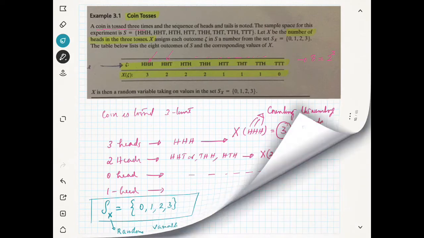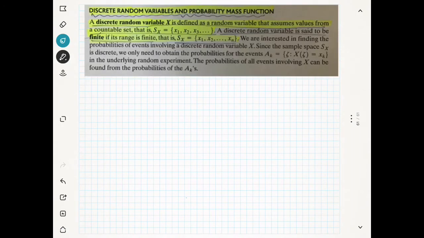Now we will see the discrete random variable and its probability mass function, that is, how we can assign the probability mass function for a discrete random variable. A discrete random variable X is defined as a random variable that assumes a value from a countable set.